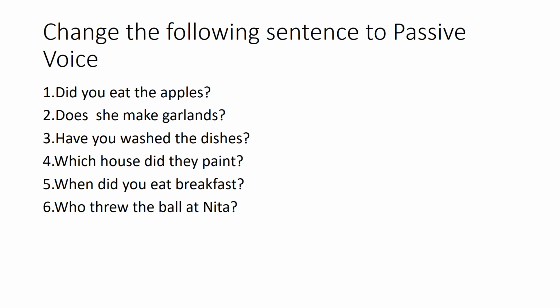For example, which house did they paint? Which house was painted by them? When did you eat breakfast? When was breakfast eaten by you? Who threw the ball at Nita? By whom was the ball thrown at Nita?